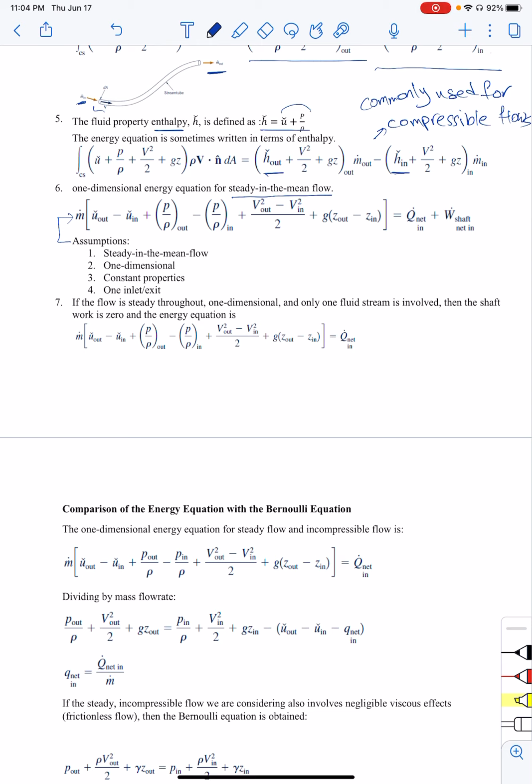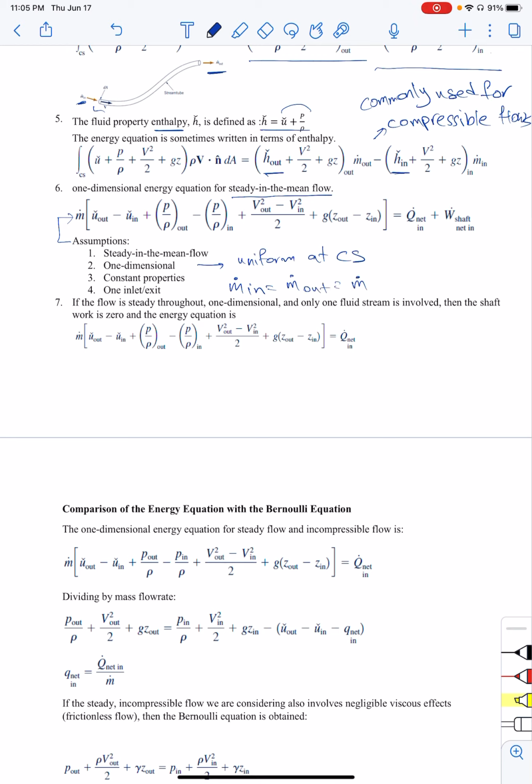And then we consider this one-dimensional, or as a definition of it, let's say uniform at the control surface, right? And then another assumption is constant properties, and there is only one inlet and one outlet, meaning that m dot in is equal to m dot out is equal to m dot, right?